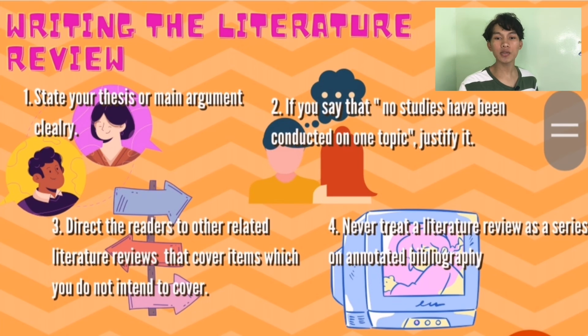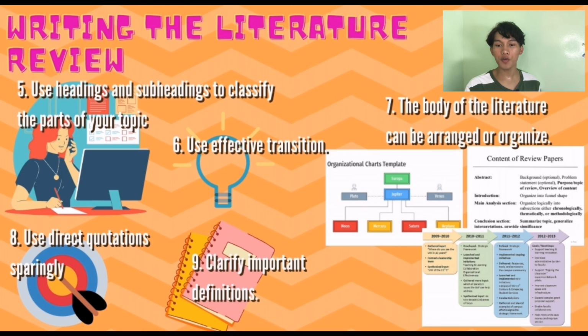And number 4 is to never treat a literature review as a series of annotated bibliographies, because that's too long and boring. Number 5, you have use headings and subheadings to classify the parts of your topic to be clear and much more precise. Number 6 is to use effective transitions to make your review easier to read and understand.